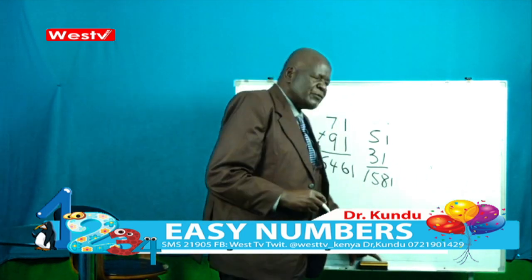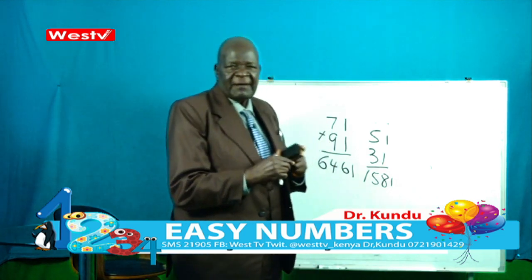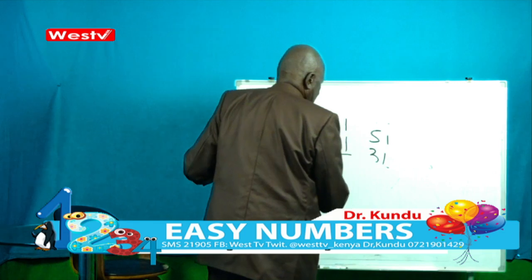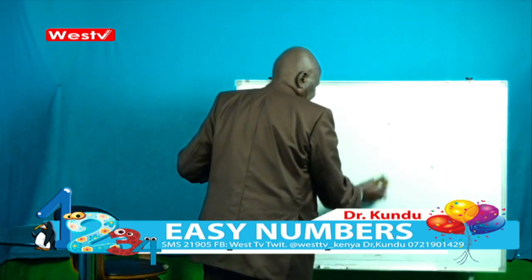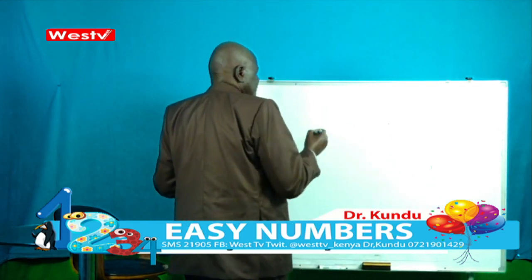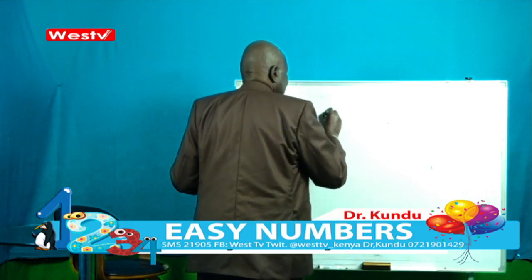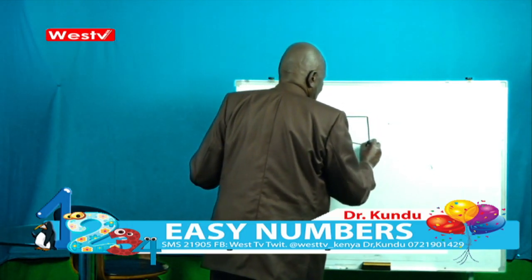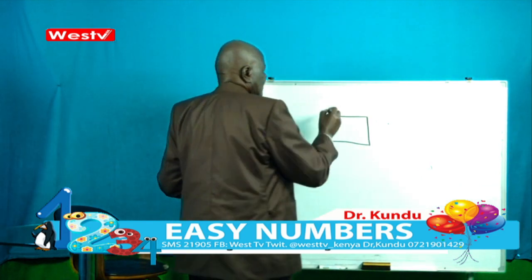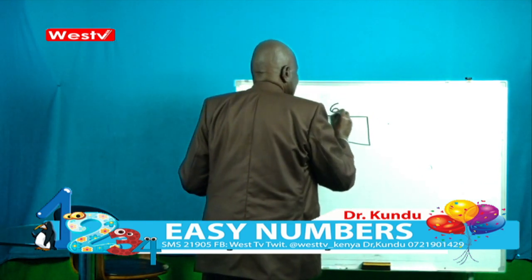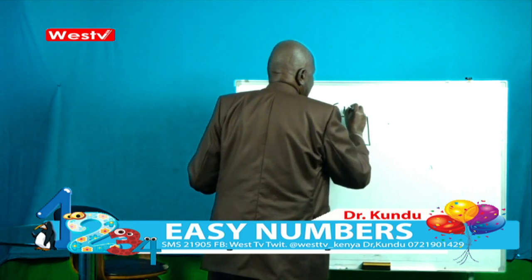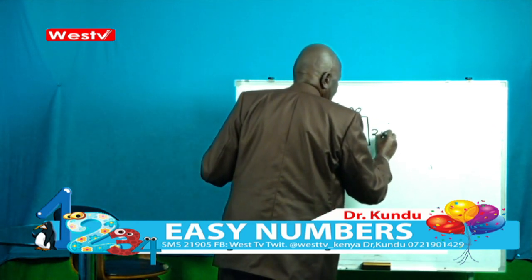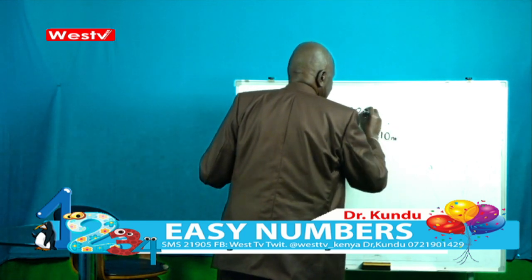So now let's go to bigger numbers on the same composition. Somebody will ask you to find the area of a rectangular field whose measurements are 6,100 by 210 meters.